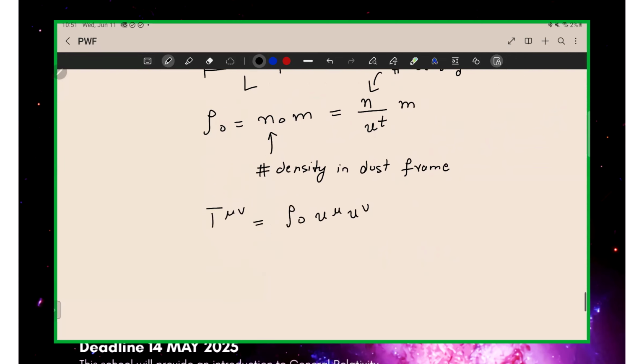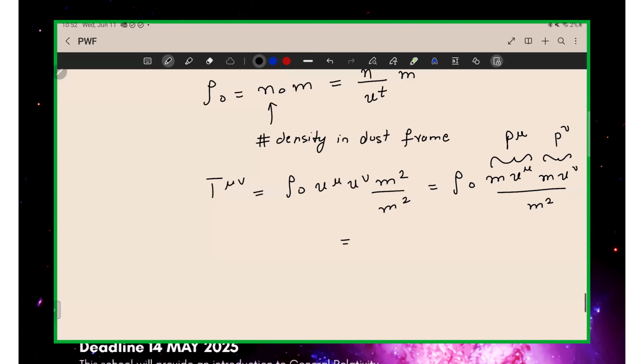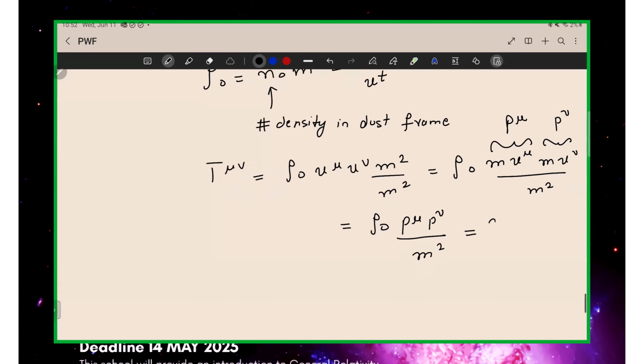If you multiply and divide by m squared, you get something like this. M divided by m squared. And these things are for momentum, right? So you get rho naught times something like this divided by m squared. And if I'm not wrong, I think you can write this down as n divided by u t m.